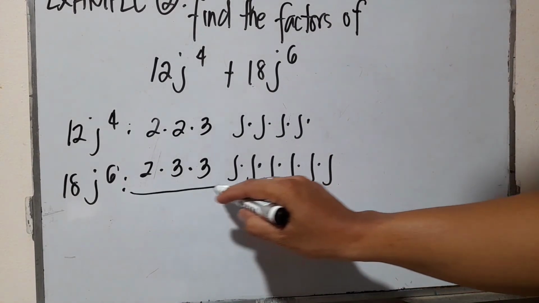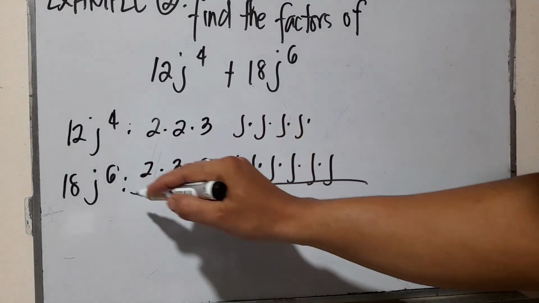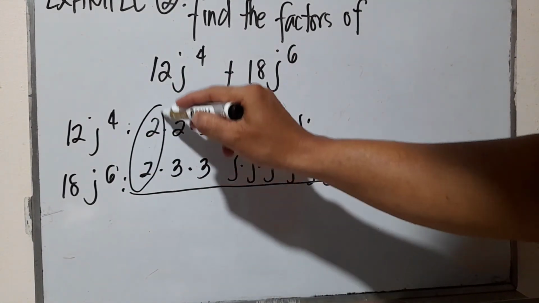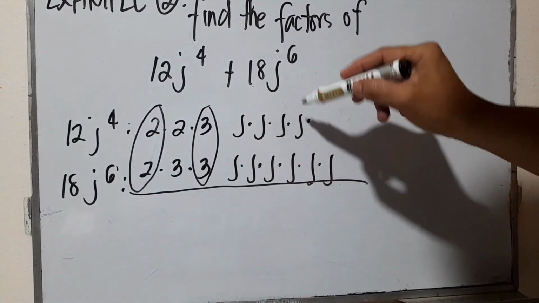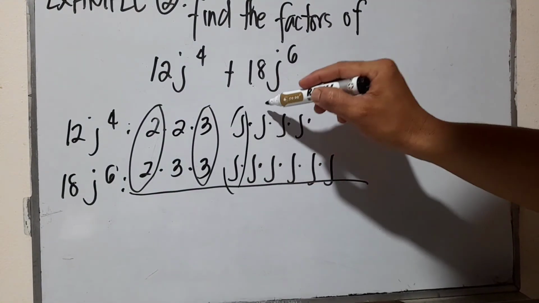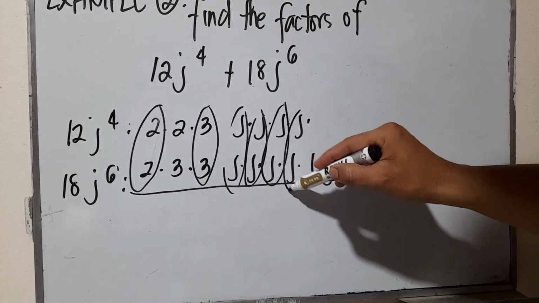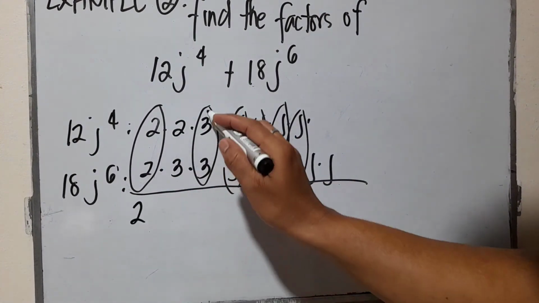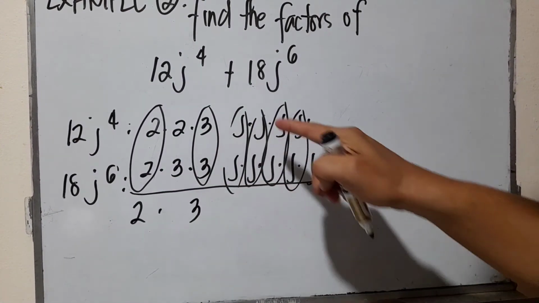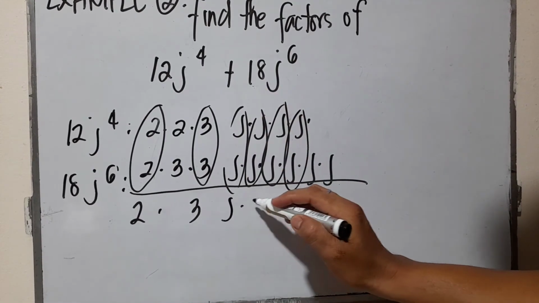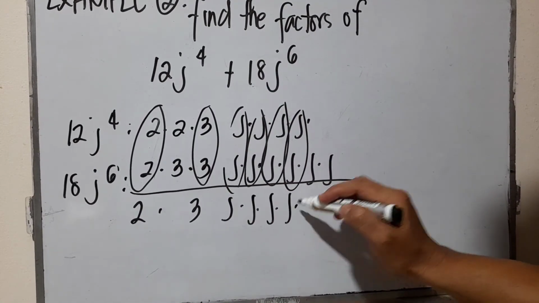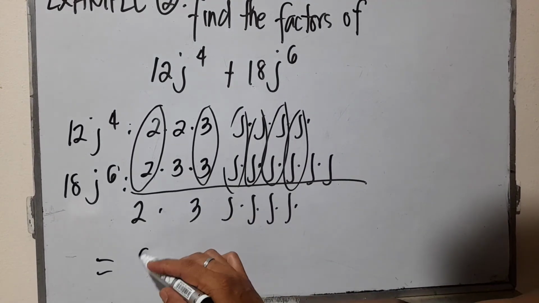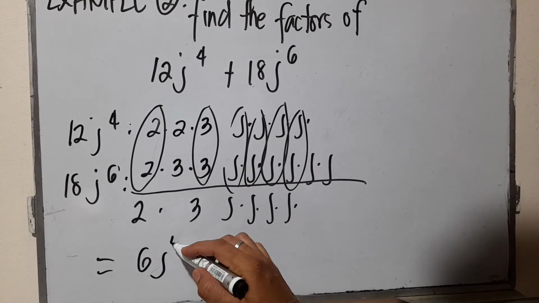Then we equate and get the common factors: we have 2, we have 3, and four j's, 1, 2, 3, and 4. So we write 2 times 3 times 4 j's. Thus our common factor is 2 times 3, which is 6, then j to the 4.